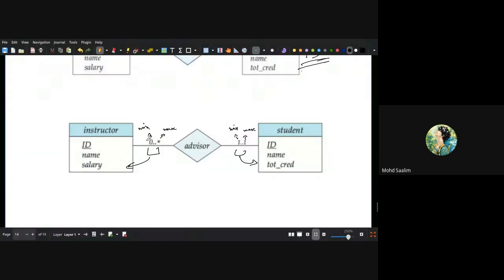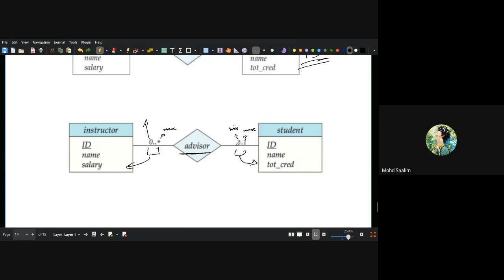So it means this number says that at minimum we don't have a constraint that there will be full participation. This 0 is telling me that an instructor can participate in advisor or it cannot. This 0 minimum threshold is giving me the permission to not participate. But here, this minimum is 1.